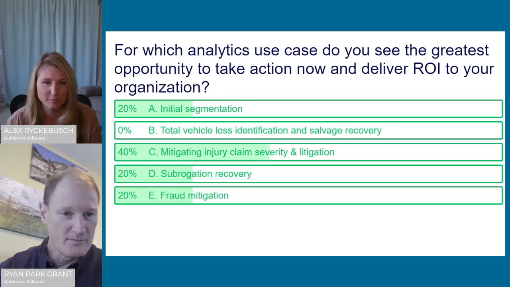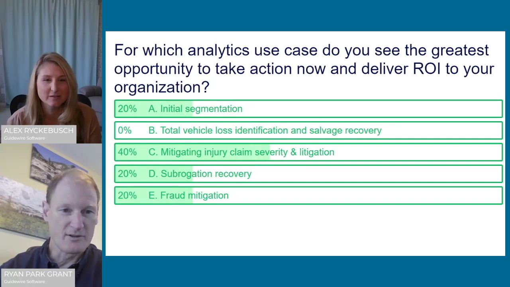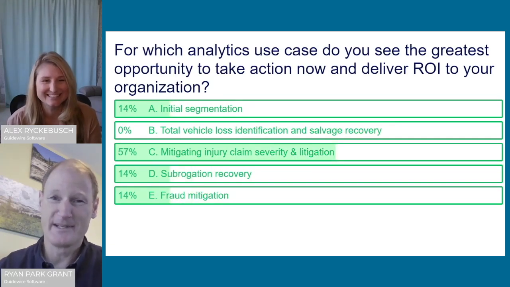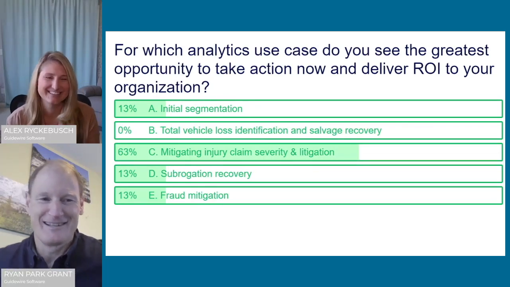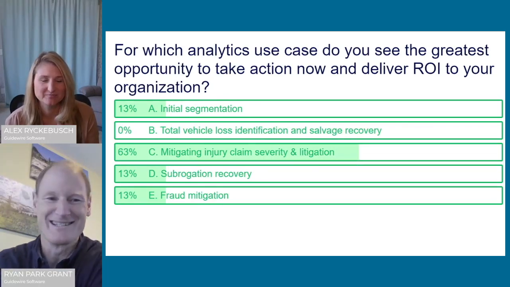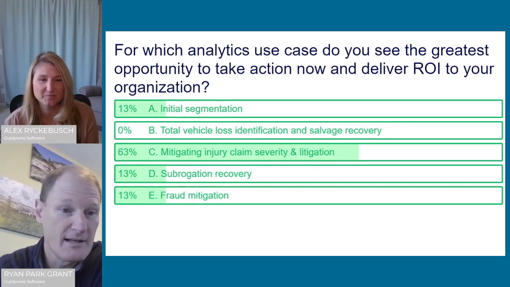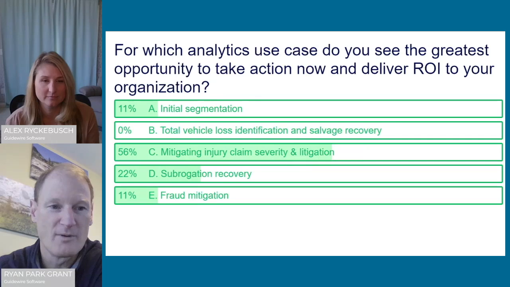Pretty even so far. We're getting a little more love for Subro. Like Stephanie said at the beginning, these are not recommendations. We're just reporting what we see. But still, bumping up there in the late votes, the injury claim and severity still similar to what it was at the beginning.